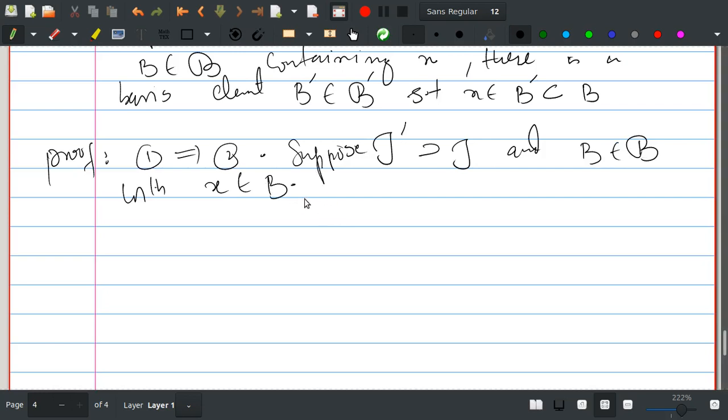What we have to prove is that there is some basic element B prime in fancy B prime such that x is contained in B prime and B prime is contained in B.